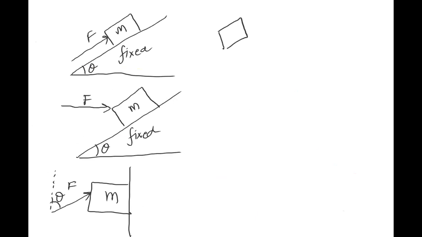So I draw the block, mg, N, F, but now the interacting surfaces are this. Here are interacting surface. So I have to draw the axis like this now, and this will be angle theta, and this component will be mg cosine theta, and this component will be mg sine theta.